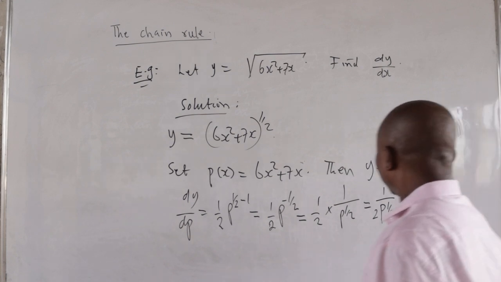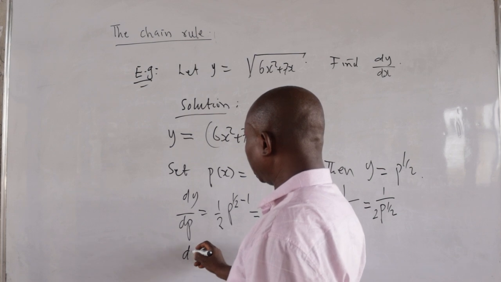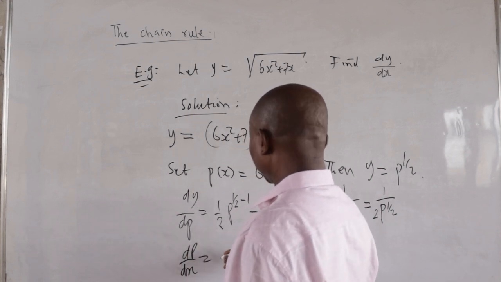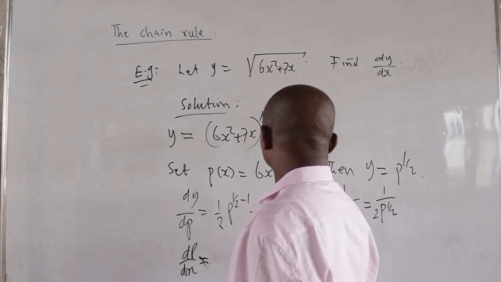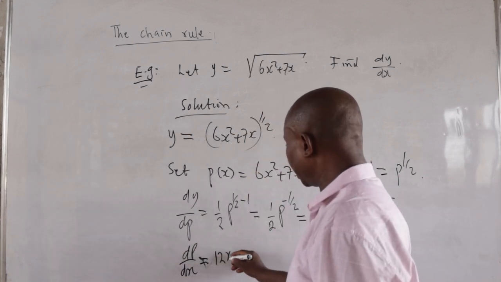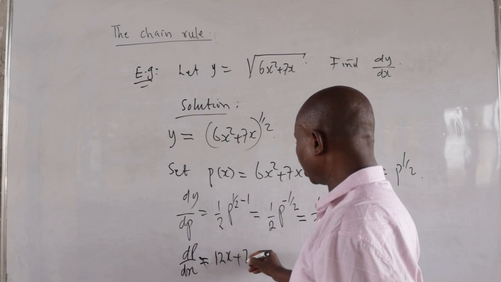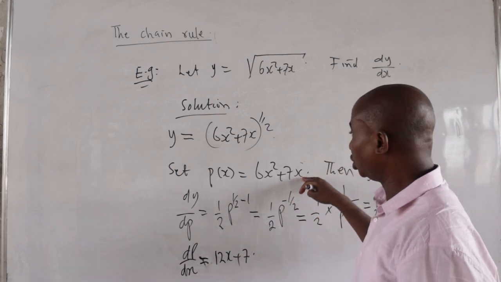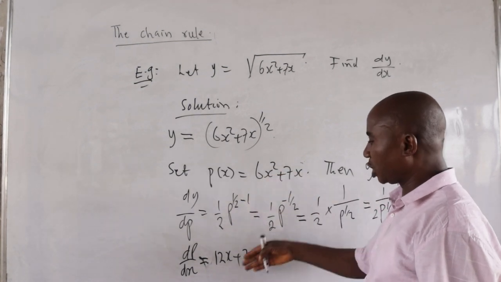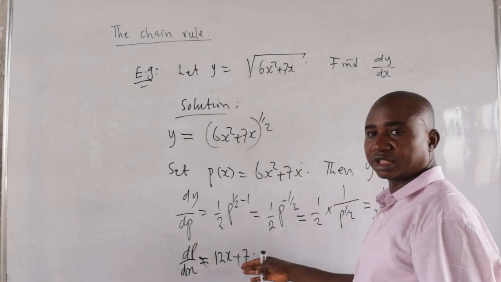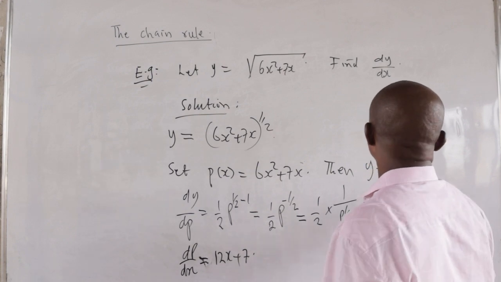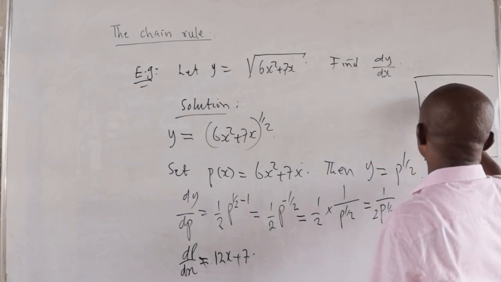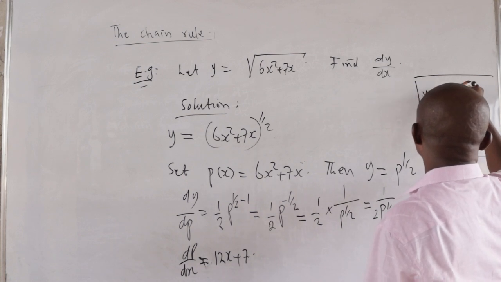Okay. Now, who is dp with respect to x? This is simple. This is nothing but 12x alone. You differentiate 7x, you get 7. We have done this many times, so I'm sure there's no need to spend time explaining how we got 12x and how we got 7 here. But if this will be confusing to you, the watcher, what I have done is to apply what I've said before.